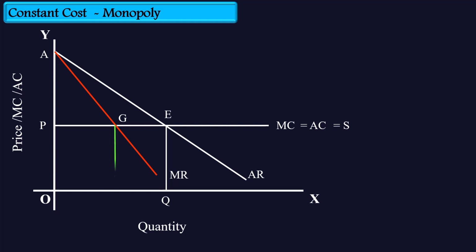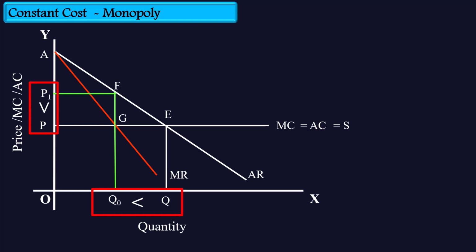He produces Q0 units and sells it at P1 price. Note that monopoly output Q0 is less than competitive output Q. Again, monopoly price P1 is greater than competitive price P.